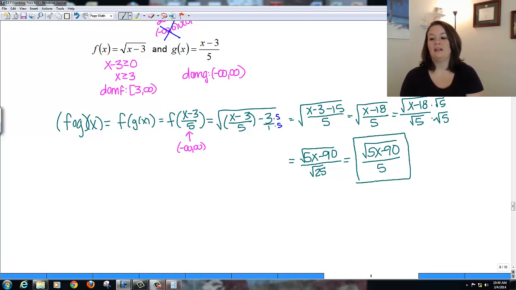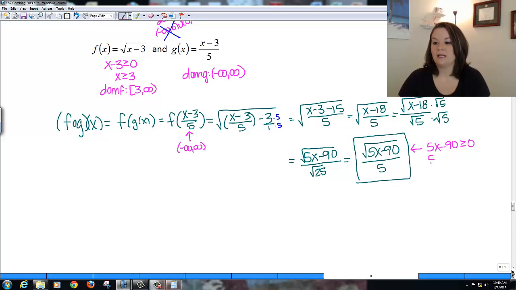Okay, and then I just have to make sure that my domain hasn't changed. So notice my first domain I started with was the domain of g, which is all real numbers, no restrictions. Now when I look at my end result, I am going to have restrictions because I have an even root. Anytime I have an even root, my radicand, which in this case is 5x minus 90, has to stay greater than or equal to 0. So I'm just going to go ahead and solve to find my restriction.